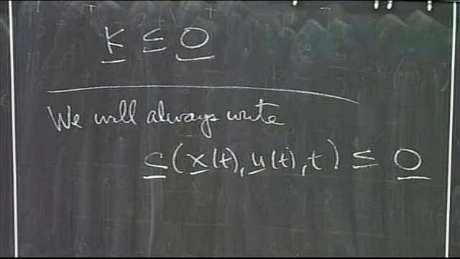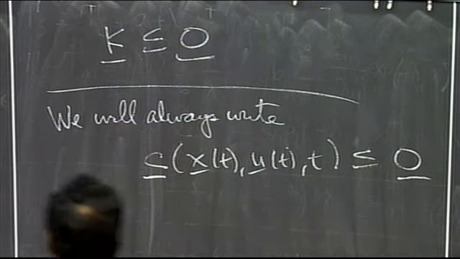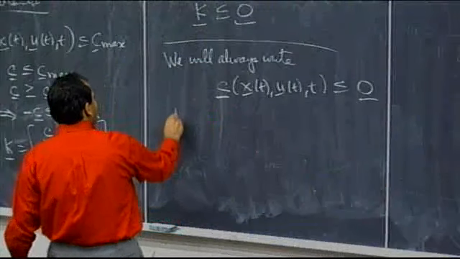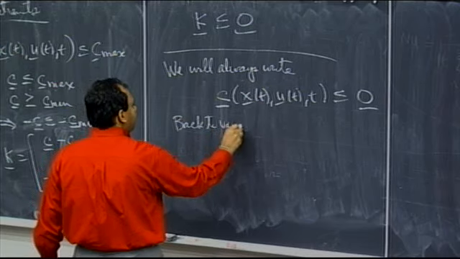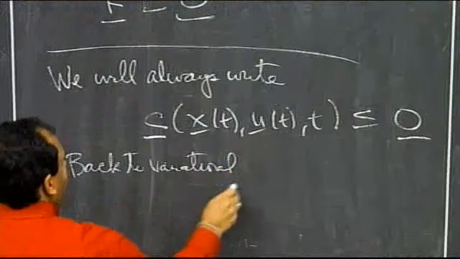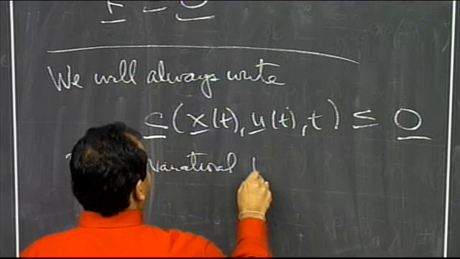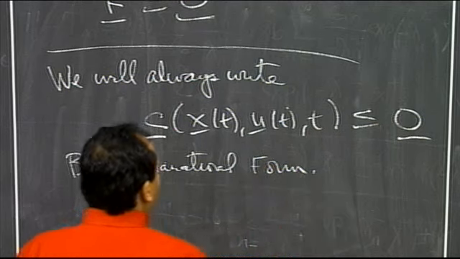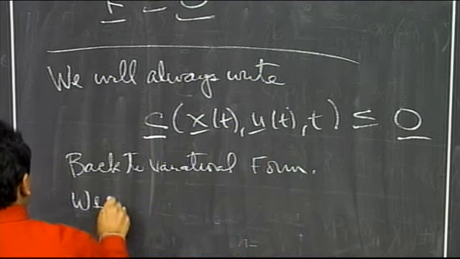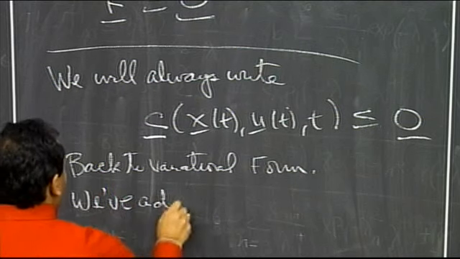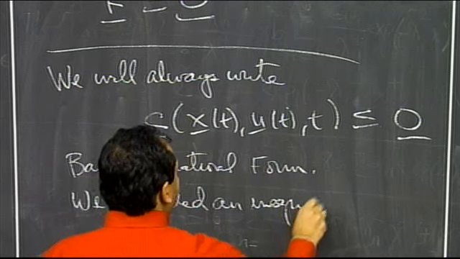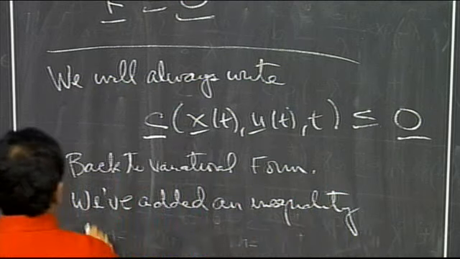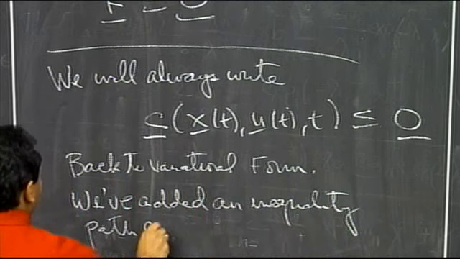Now, if you look at this problem, let's go back to the calculus of variations. So back to the variational form. So we've added an inequality path constraint to the original problem.